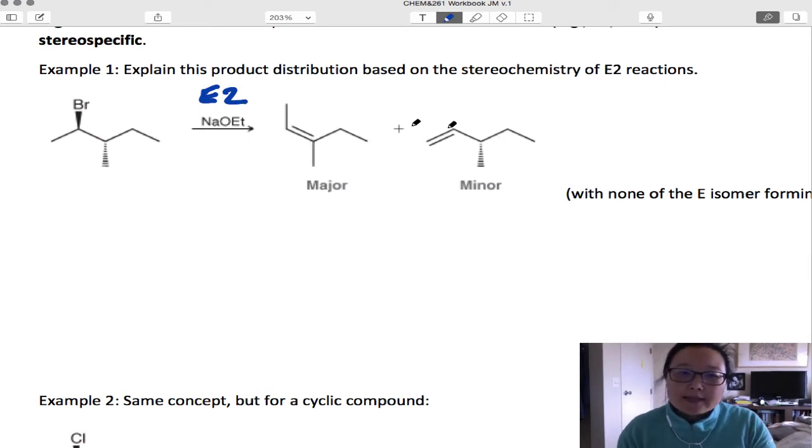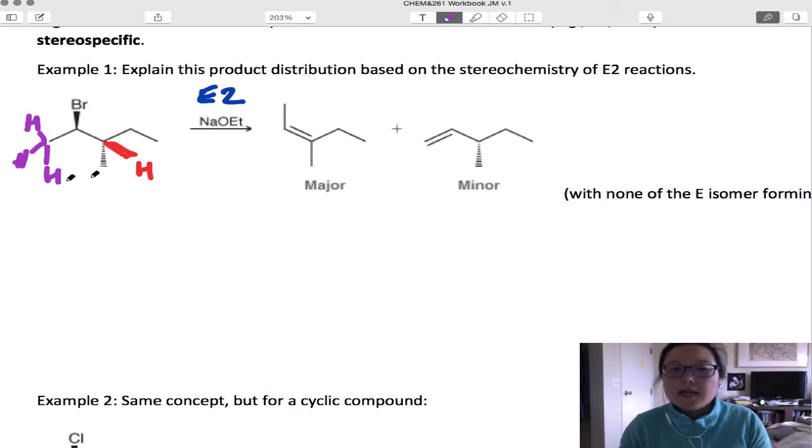And think back to what beta hydrogens were removed in order to make these alkenes. Let's draw them in. Okay guys, so I have these purple hydrogens and the red hydrogen. The red one was taken to make this major alkene, and the minor alkene is from the purple hydrogens. Now if we take a look, we have two possible alkenes we could form here.